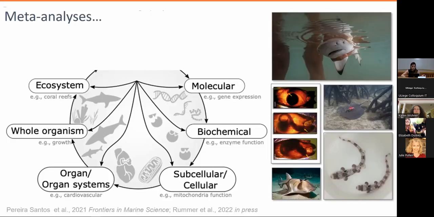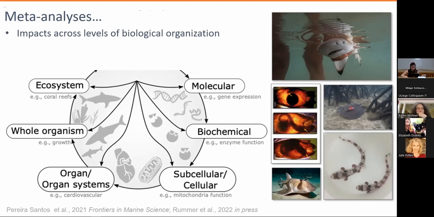So the Portugal team and the Australian team performed various meta-analyses to detect the trends and responses to date to the 3 main climate change stressors: warming, acidification, deoxygenation, and the combinations thereof, across not just physiological traits, but all levels of biological organization, spanning molecular to whole organism and ecosystem levels.